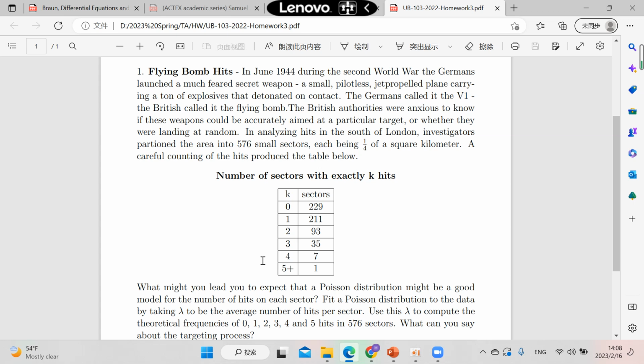And then you compare your theoretical sectors with the reality, which you have in this chart. In reality, 229 sectors were never bombed, 211 sectors were bombed once, right? You have this real world data, and then you compare your theoretical calculation to it.